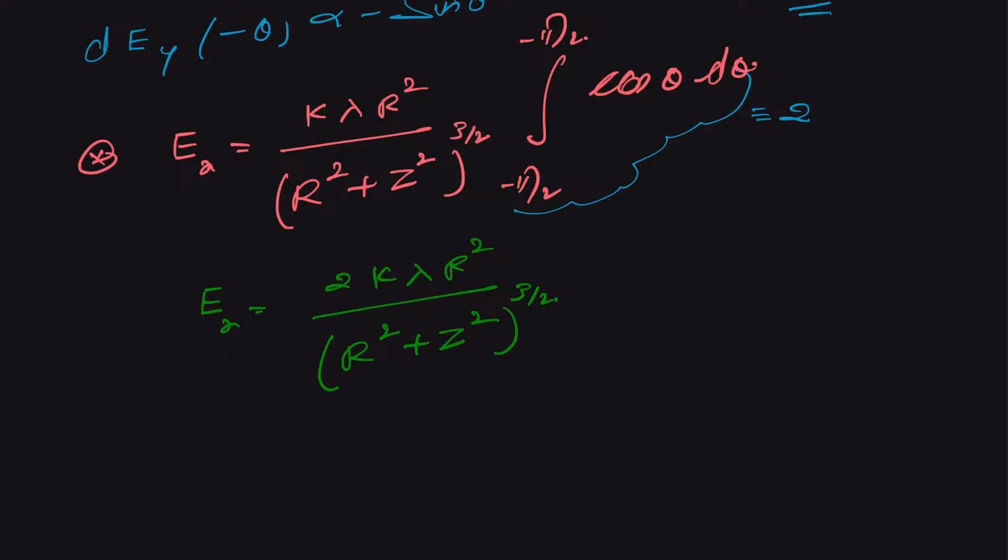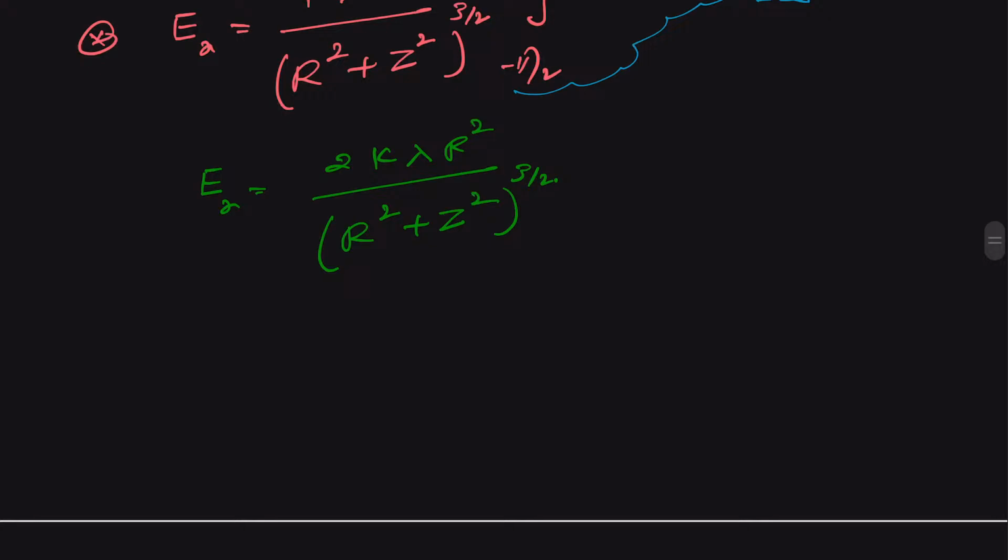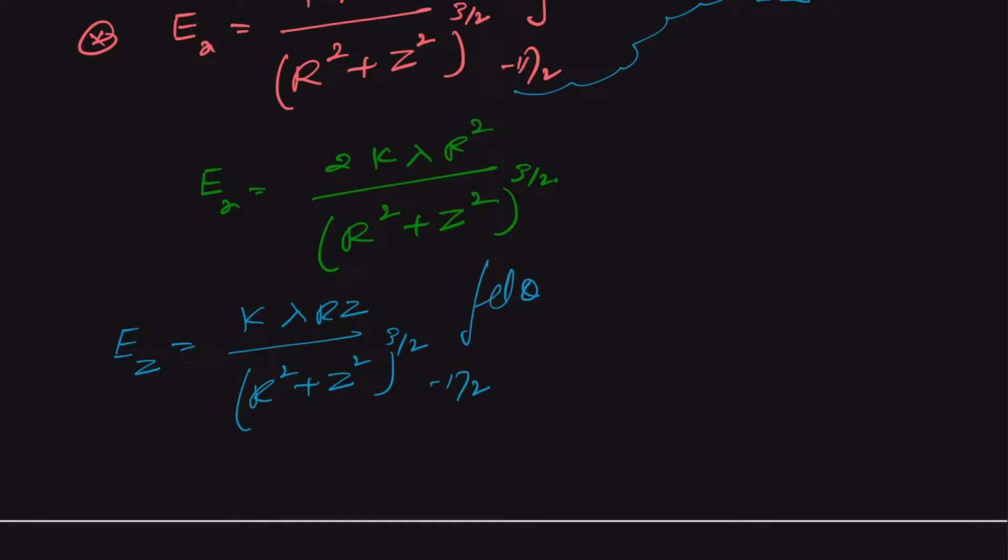Okay. Similarly, we can solve it for our z also. So we can say the electric field in the z direction will be equal to k lambda r z divided by r square plus z square to the power 3 by 2, and this comes as d theta from minus pi by 2 to plus pi by 2.